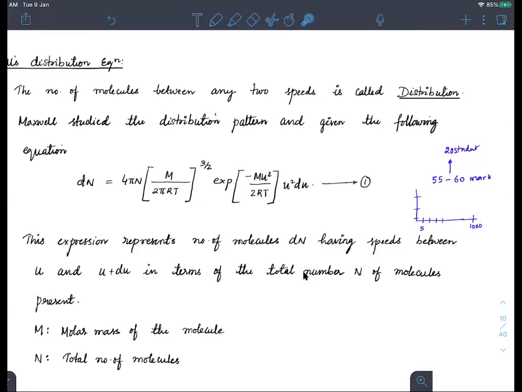The same thing, if I make a distribution of speeds versus the number of particles: between 5 meters per second and 10 meters per second, how many gas particles do we have? Between 100 meters per second and 200 meters per second, how many gas particles do we have? If I put the distribution with respect to the number of particles, that is called the distribution of gas.